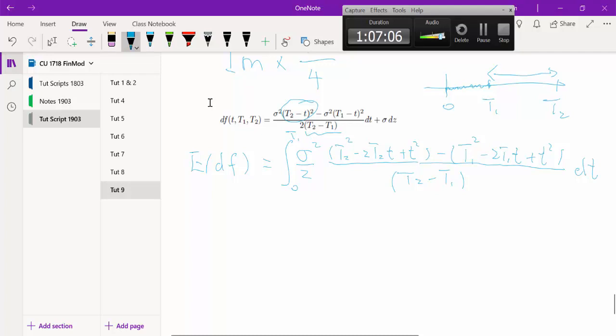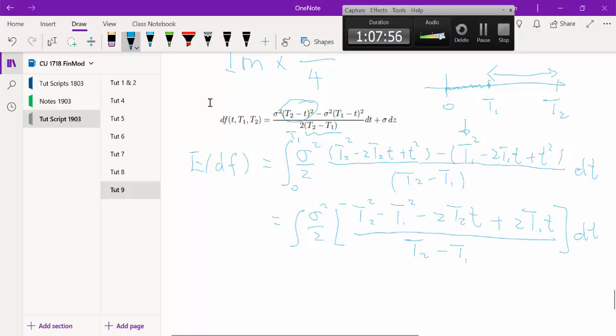Okay, so that's why I'm integrating this function over dt from 0 to T1, and that gives me, so the sigma square doesn't change, but I get T2 squared minus T1 squared minus 2T2t plus 2T1t, all divided by T2 minus T1.